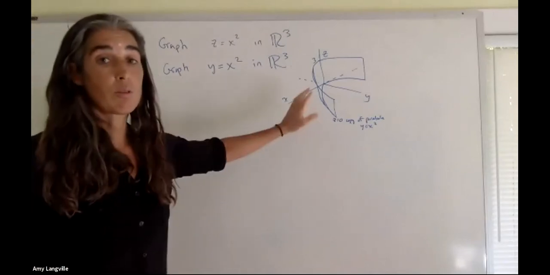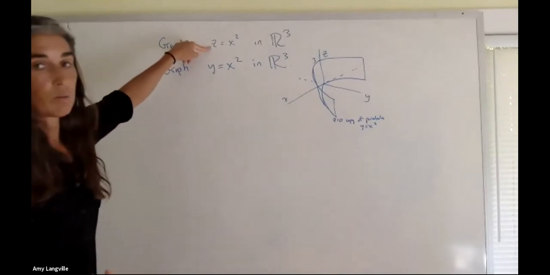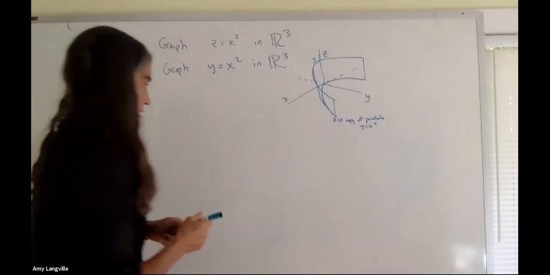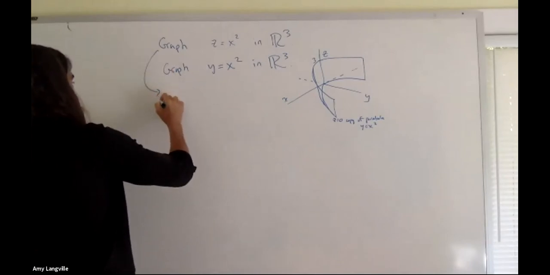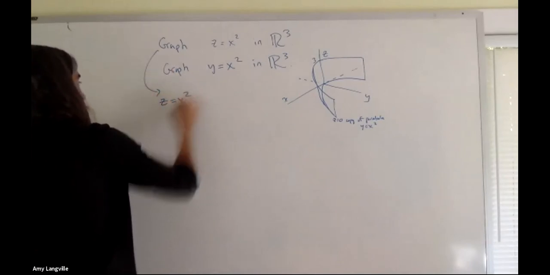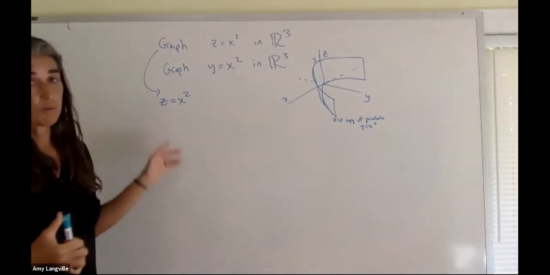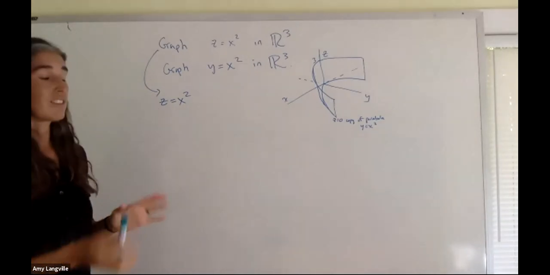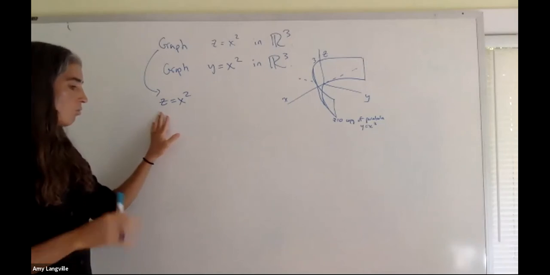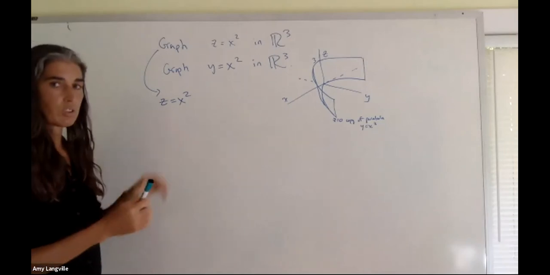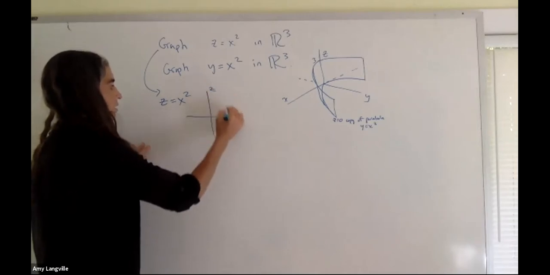That was the first nonlinear thing we've drawn, but we really wanted to do z equals x squared, so let's come back to that one now. z equals x squared in R3. The trick is that y is free this time. So I'm going to temporarily ignore y and just be in two-dimensional space, the zx space.